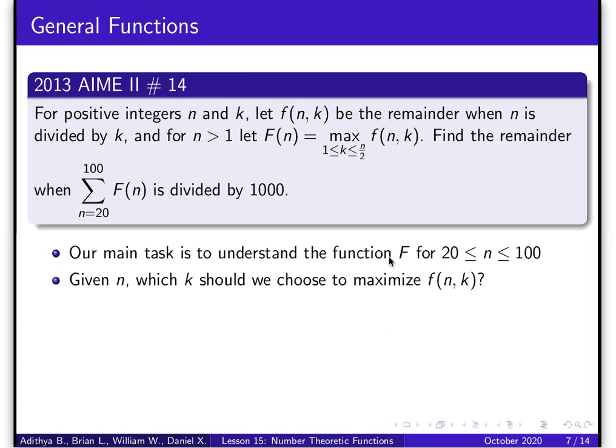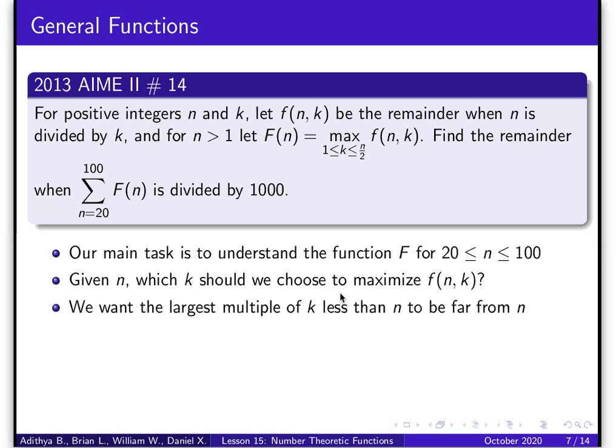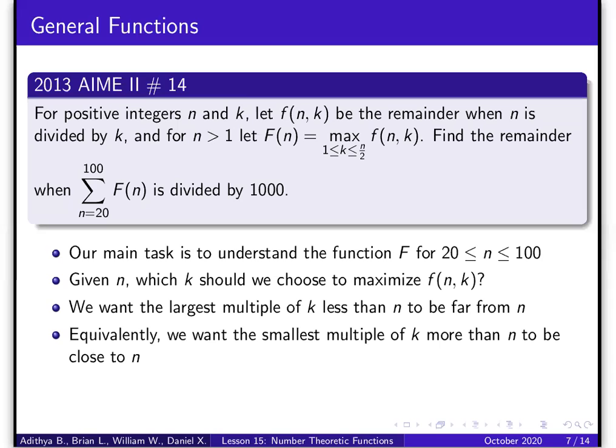Basically, the largest multiple of k less than n has to be a lot less than n. If there's a big gap from n to the largest multiple of k less than n, then that's also saying there's a small gap between n and the least multiple of k greater than n.